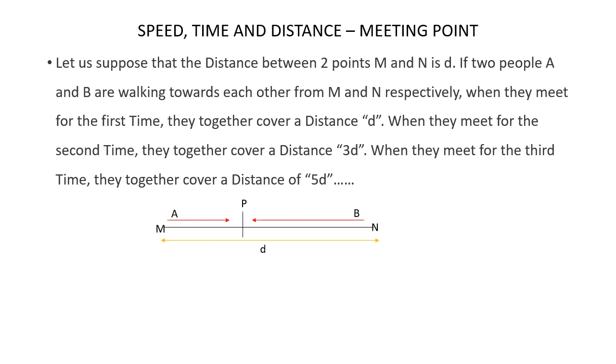After reaching M, A turns back and walks in this direction, and B after reaching N turns back and walks in this direction, and they meet again for the third time at P. So again they have covered one more distance D. So earlier 4D plus one more D is 5D. So when they meet for the third time, they together have covered a distance of 5D.